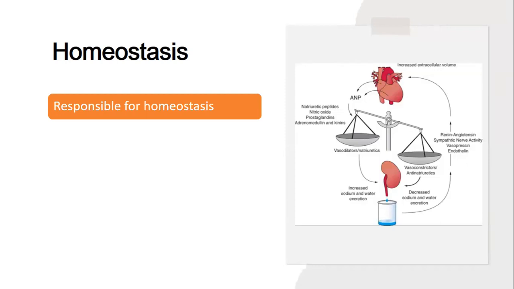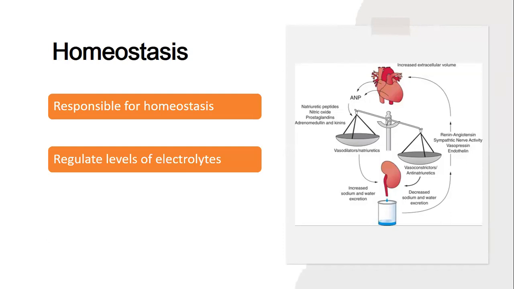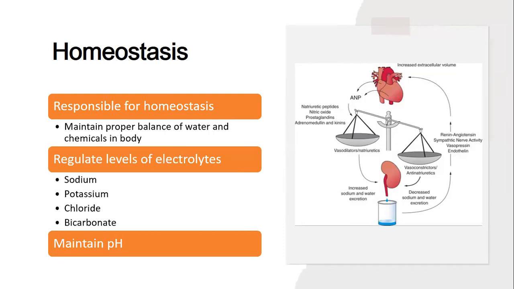The kidney is responsible for homeostasis, regulates the level of electrolytes, and maintains pH. So maintain a proper balance of water and chemicals in the body, and regulate level of electrolytes. The main electrolytes: sodium, potassium, chloride, bicarbonate.